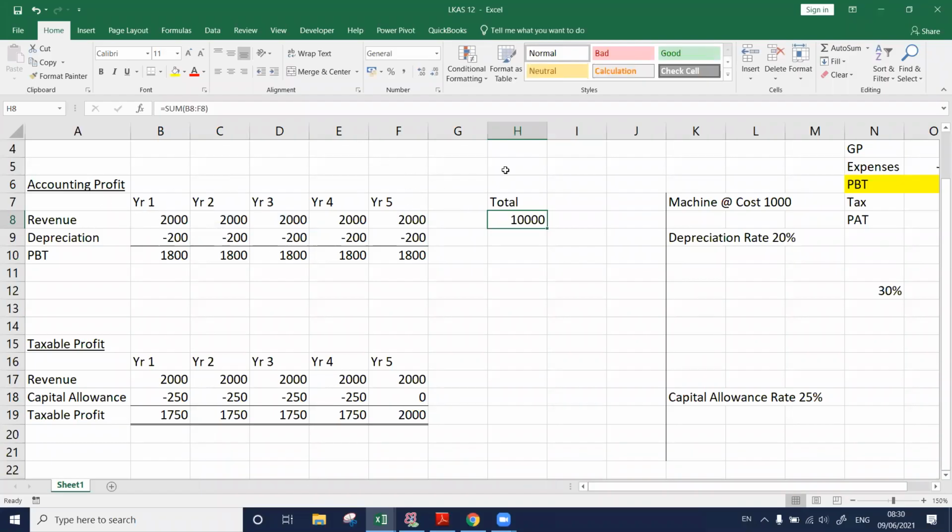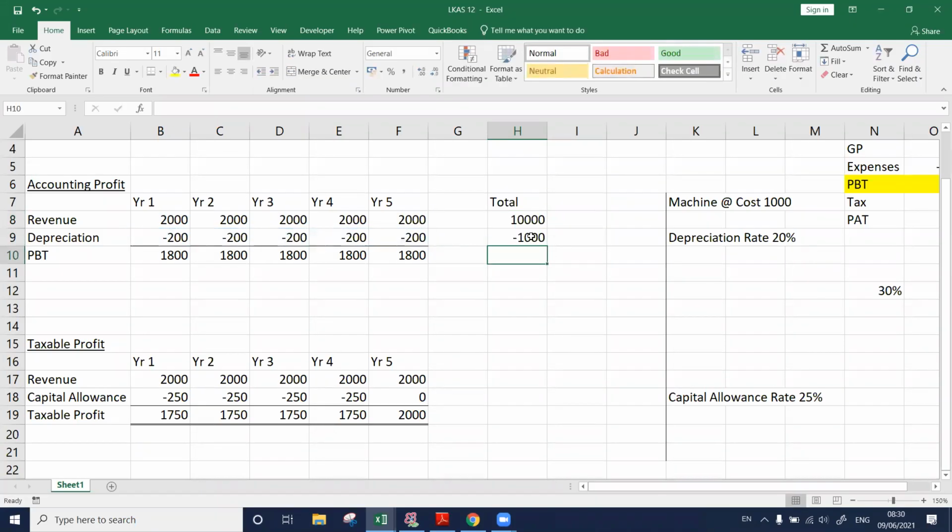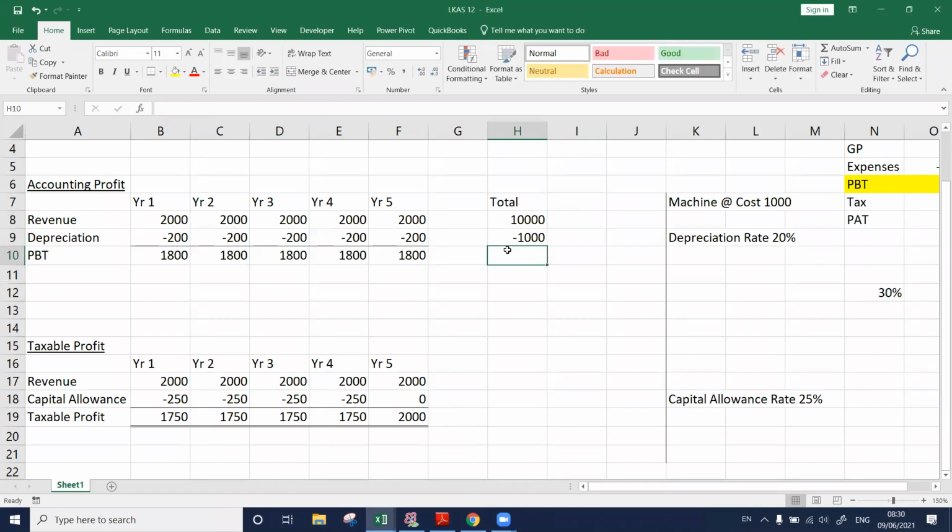What is the total expense? It is 1,000. Then what is the profit before tax figure here? That is 9,000.